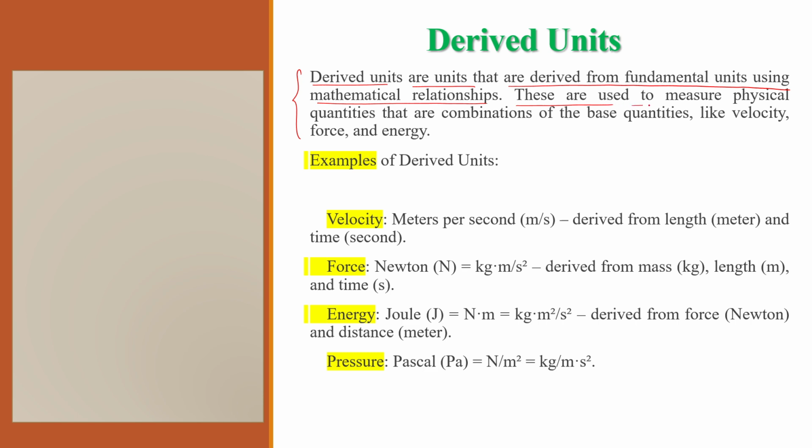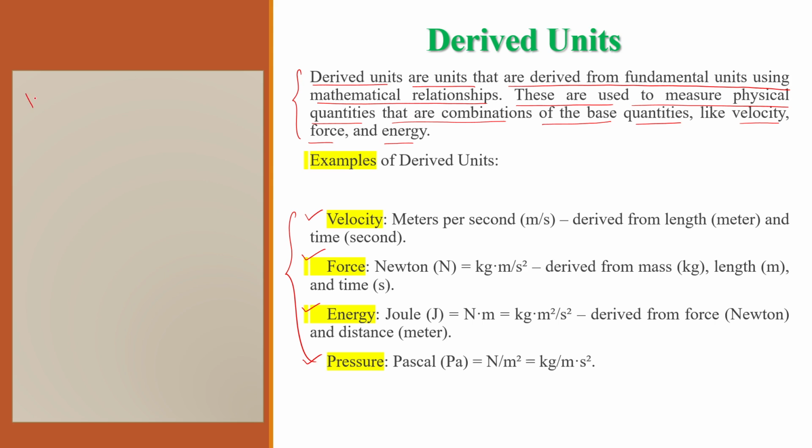These are used to measure the physical quantities that are combinations of base quantities like velocity, force, energy. Okay, here velocity, force, energy, pressure, these are explained how these are related with the base units. So let us elaborate the concept here.